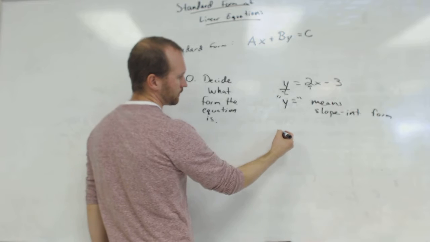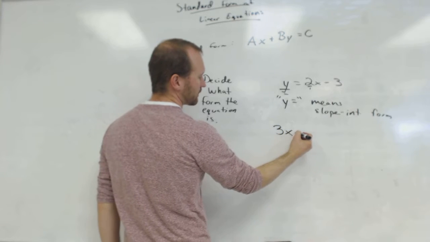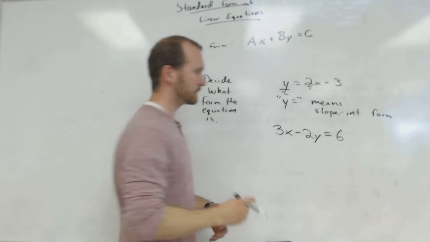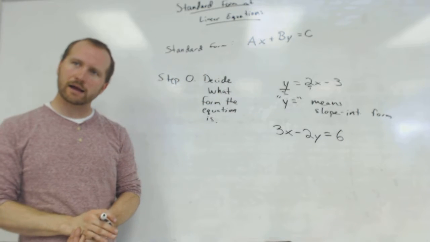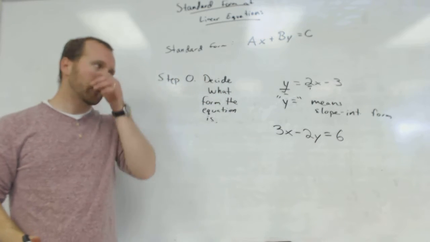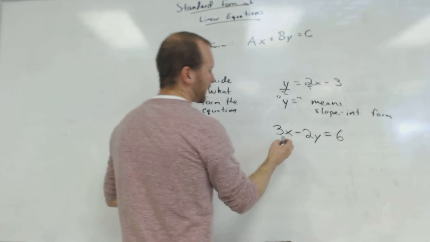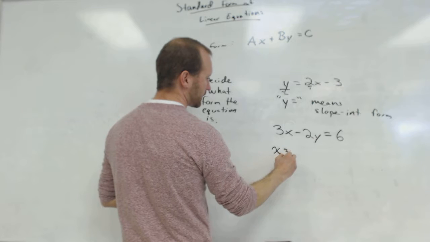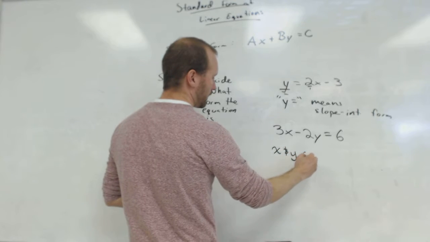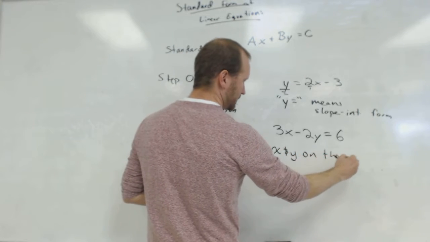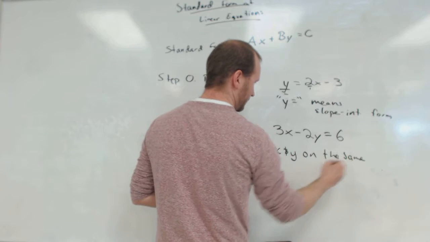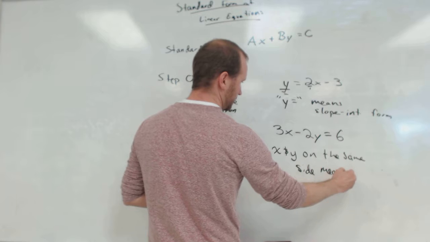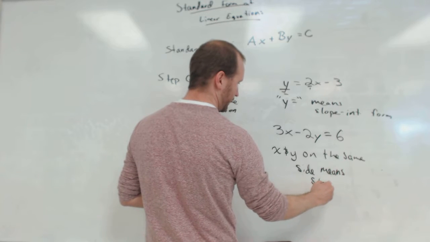What about this one? 3x minus 2y equals 6. What form is that? That's standard form. When I have x and y on the same side, x and y on the same side means standard form.